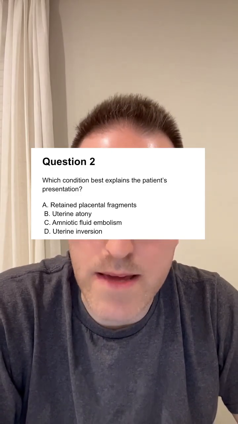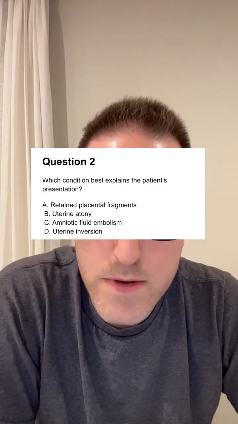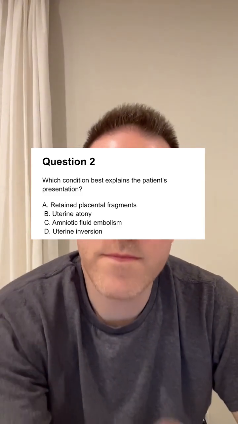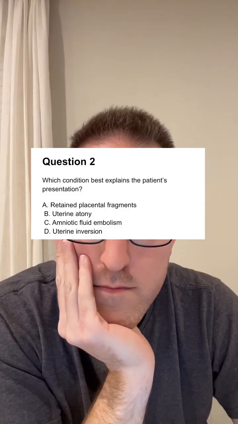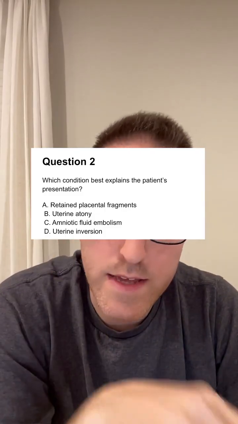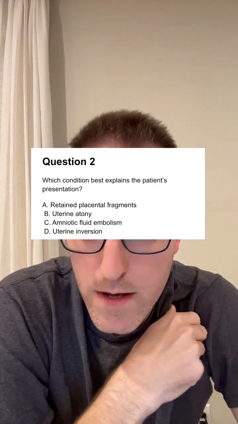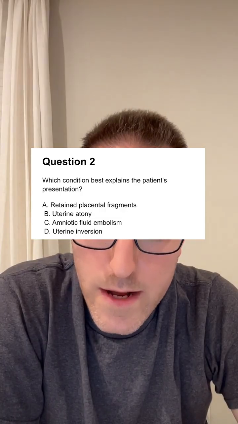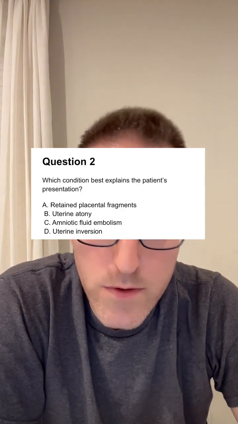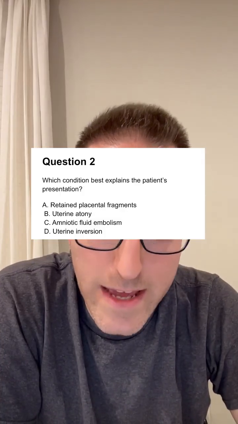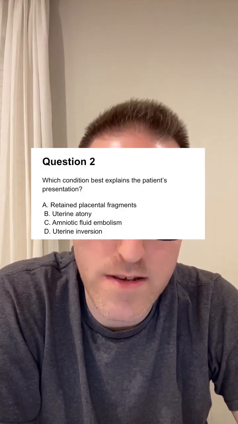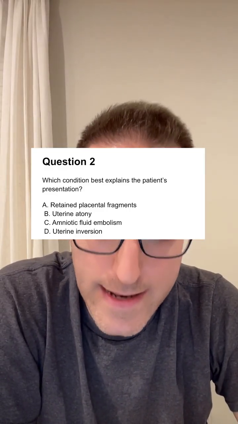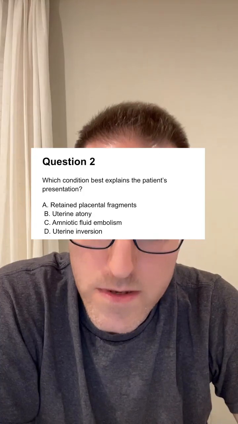I'm seeing a bunch of A and a bunch of B. So here the answer is going to be B, uterine atony. Some of you are trying to make a case for A, but retained placental fragments cause bleeding, but the uterus is often firm or only partially boggy and does not respond as dramatically to massage.